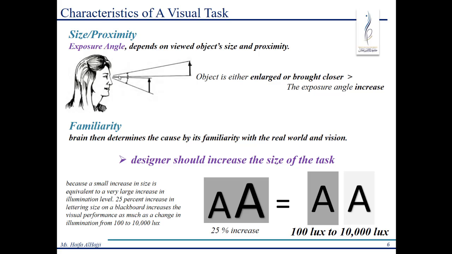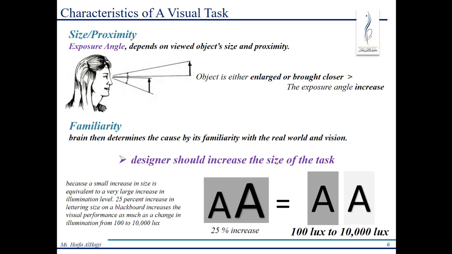Exposure angle is defined by the distance between the observer's eye and the location of the task, and by the height of the task. So instead of saying the height, we are taking into consideration how far I am from that task and the size of that task. These combined produce the exposure angle.